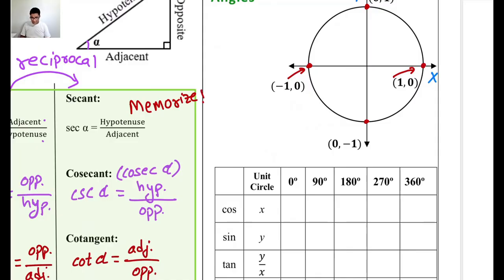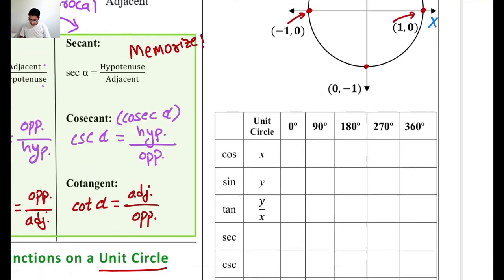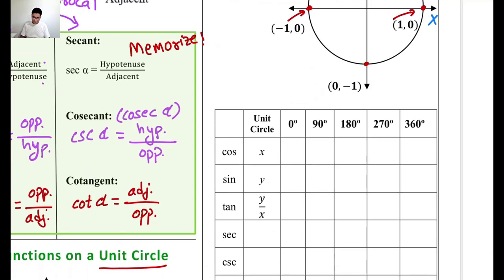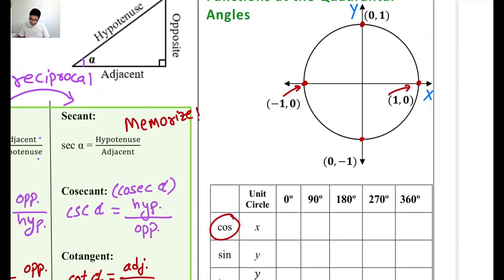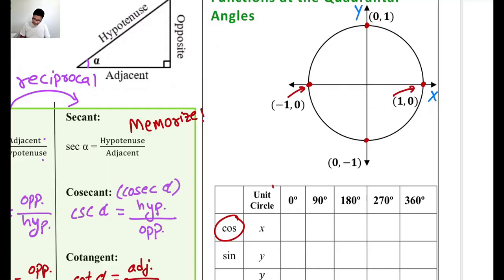Based on that, let us evaluate the values of, let's say, the cosine function at the 4 angles here. What will that be? On the unit circle, cosine is basically the x coordinate by definition. So if you now look at the graph, where is my x coordinate?